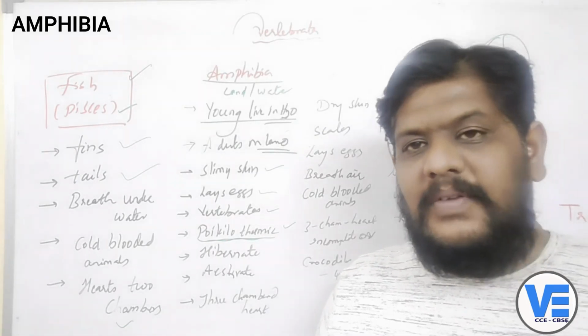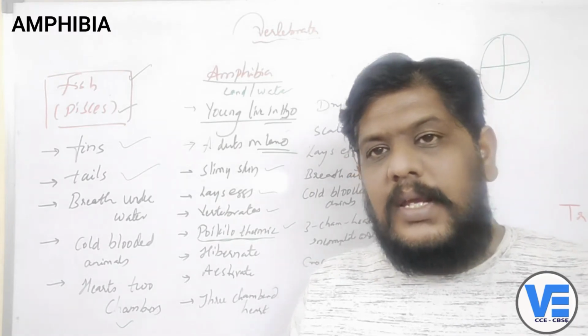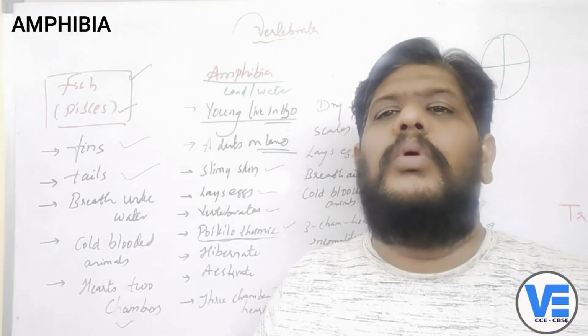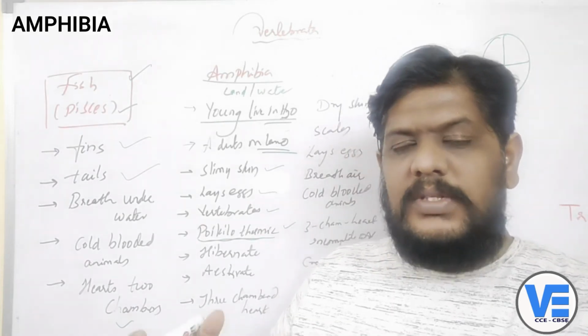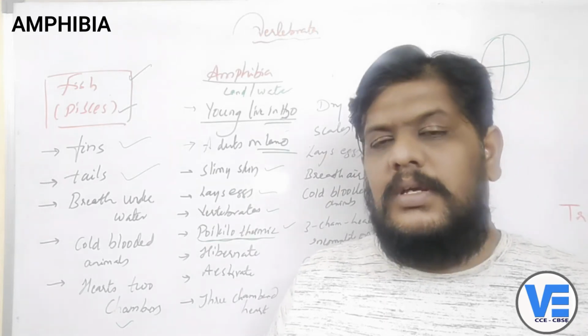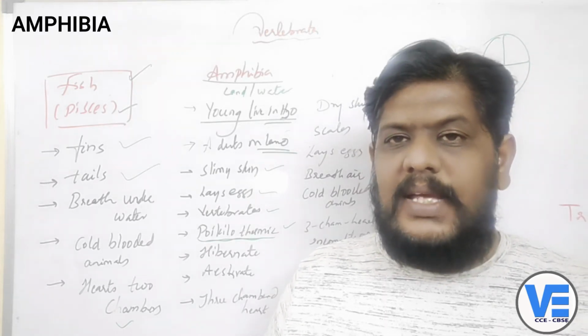For example, the polar bear, because in winter they live in a very cold climate and it becomes more and more cold. So they go and sleep and do not come out for 6 long months. That's called hibernation.